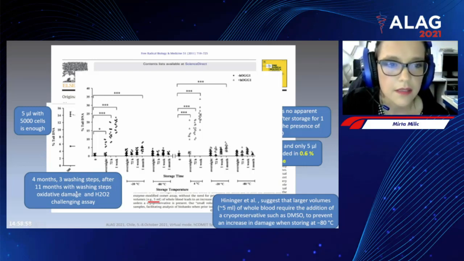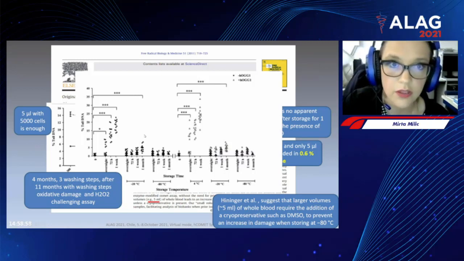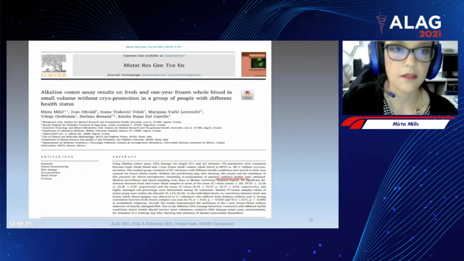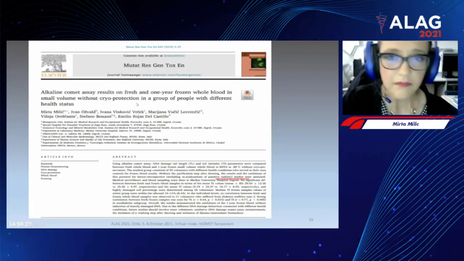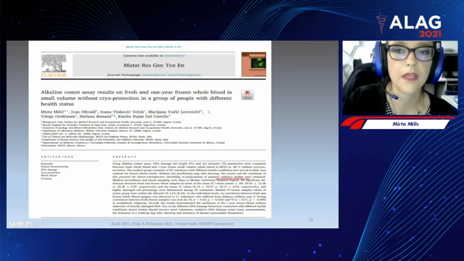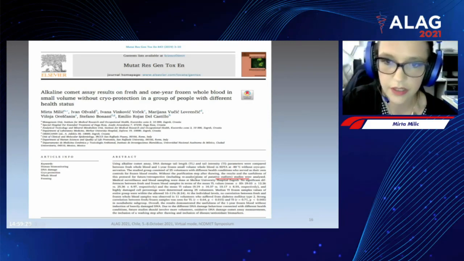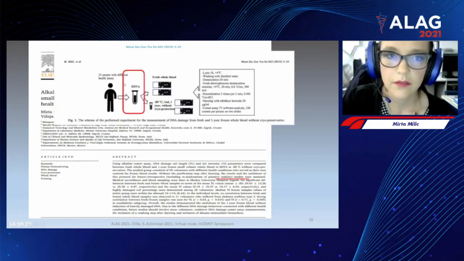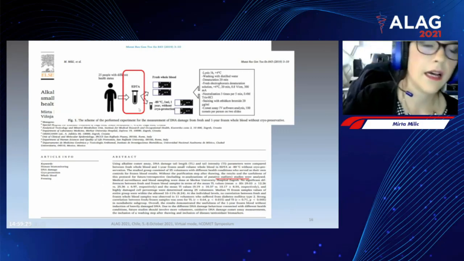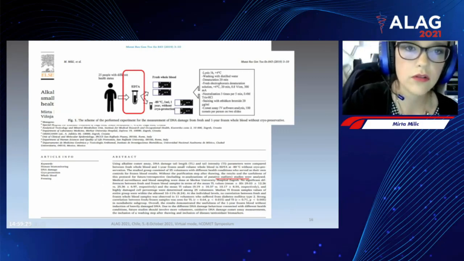But after 11 months with washing steps, they checked only oxidative damage. Another group, from my laboratory, checked the damage after 1 year of freezing without cryopreservation. For whole blood storage we used EDTA.